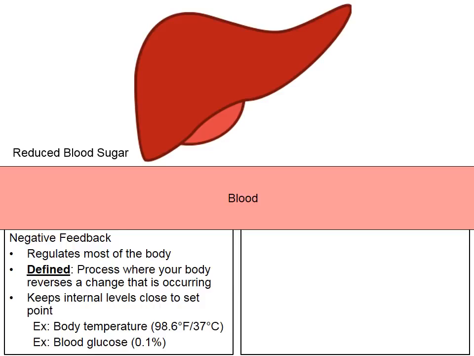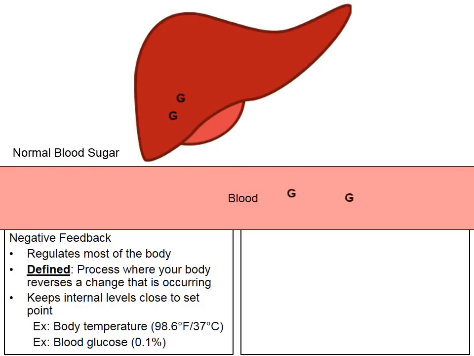So in the case of having reduced blood sugar, the brain will receive a signal that the blood sugar is too low. Instead of sending a signal to the pancreas, in this case, because the blood sugar is too low, the brain will respond by sending a signal to our liver. Here's a picture of our liver, and our liver has a bunch of stored glucose in it. And so the liver will respond by releasing extra storages of glucose into the blood.